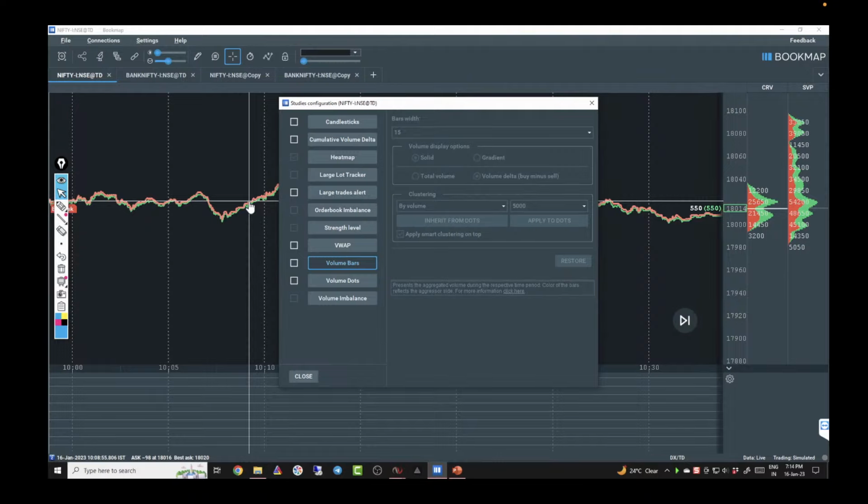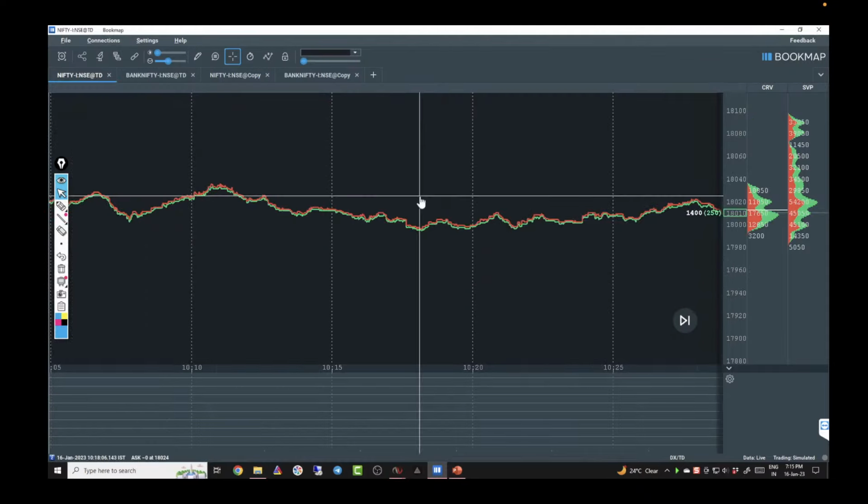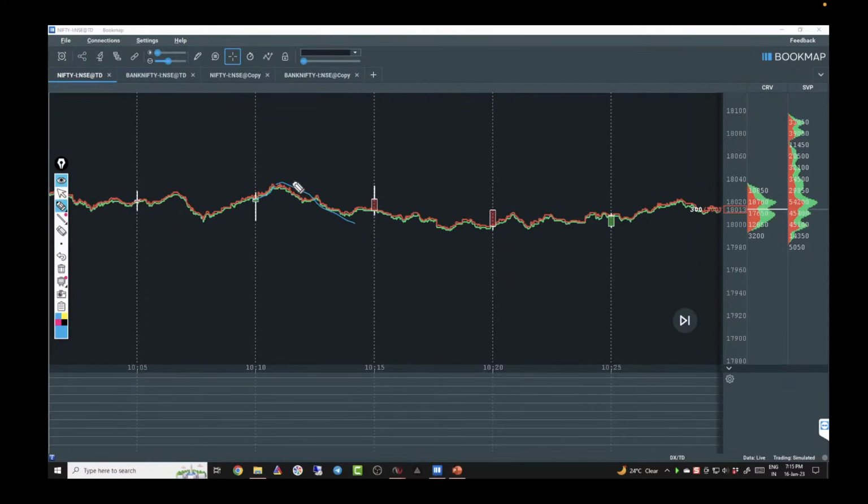So this blue, green and red line indicates the presently available best bid and best offer. This is not an executed price. We call it the BBO indicator, best bid and best offer price, which shows the structure within the candle.